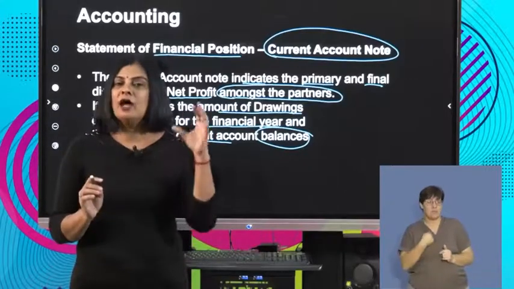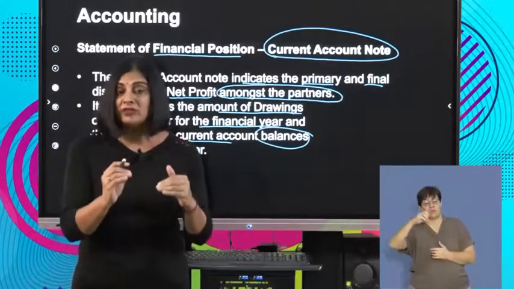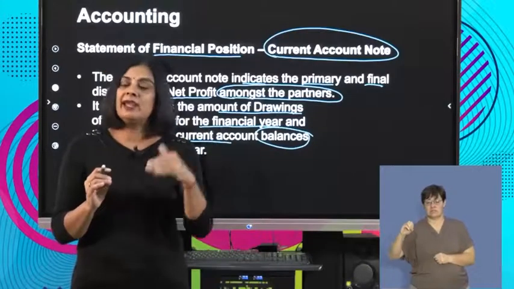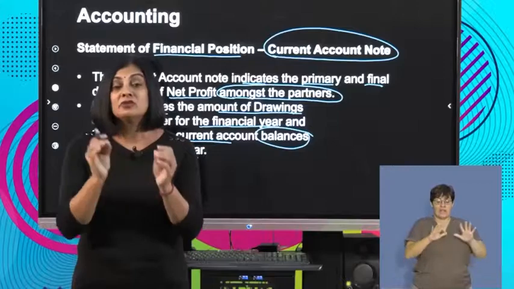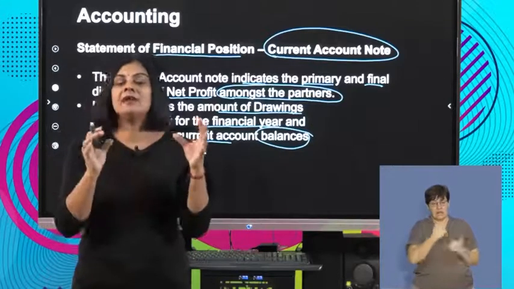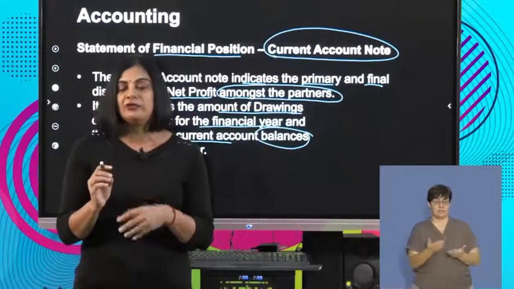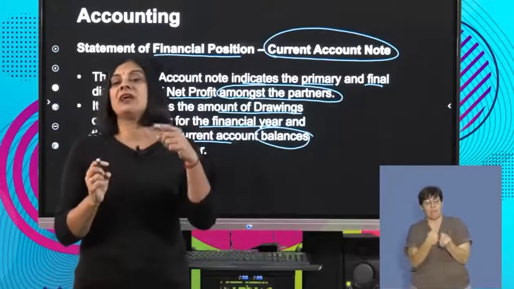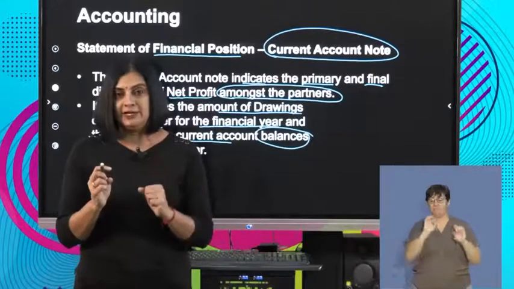So for example, I was entitled to 100,000, I have taken 90,000, and at the end of the year, I end up with a balance of 10,000. That is my current account balance. Obviously, it's favorable because I haven't taken everything that I was entitled to take.